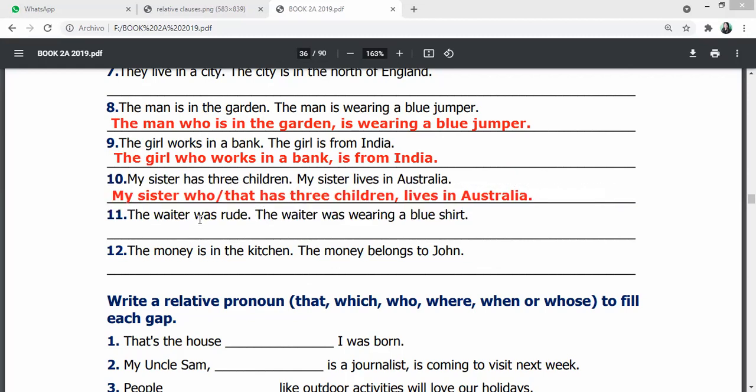Okay. Number 11, the waiter was rude. The waiter was wearing a blue shirt. Ok, chicos, los que están conectados, tomemos el ejemplo de la número 8, 9 y 10, ok? Pablo. Or Samuel or Catherine. Help me with this one.